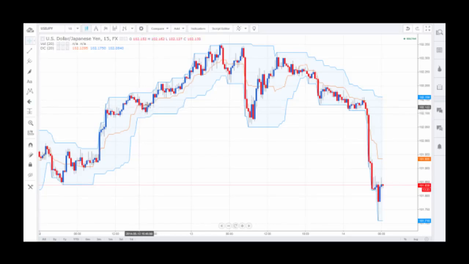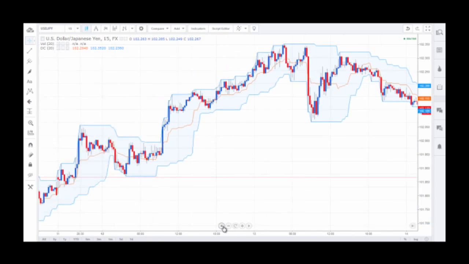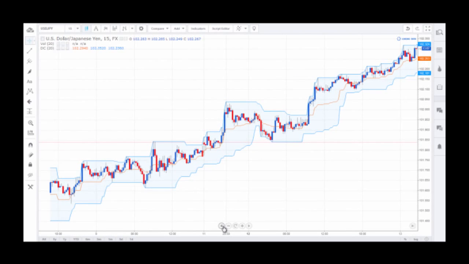We already saw this on the slides, so let's go back to see if we can get another setup on this massive uptrend that we have been on the USD Japanese yen. And as you can see here, we are in a clear uptrend.